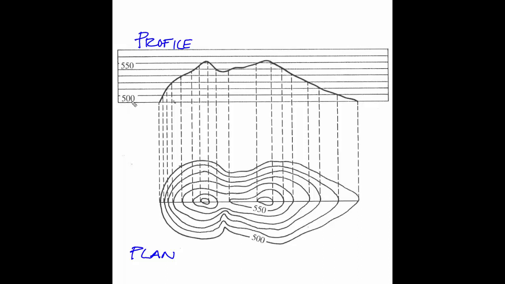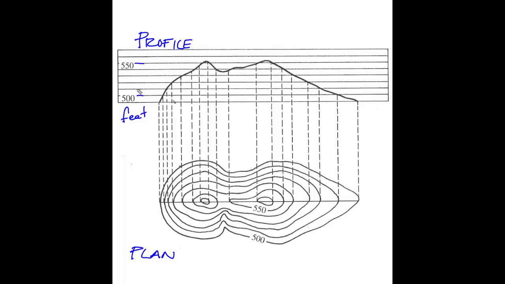We'll say we're working in feet for our elevation units. And this line represents an elevation of 500 feet. This line represents an elevation of 550. And I want you to notice there are 5 increments.